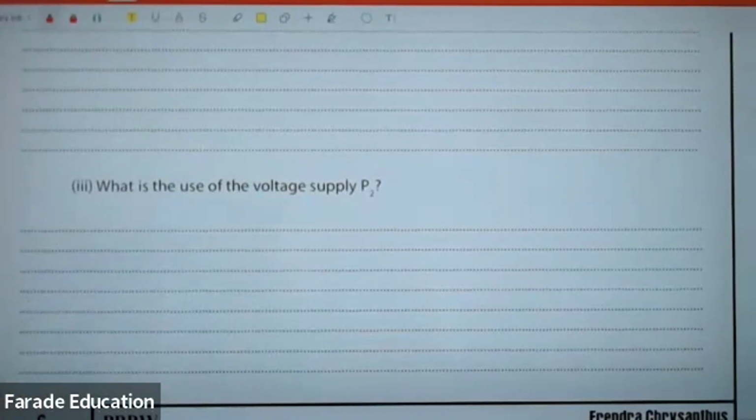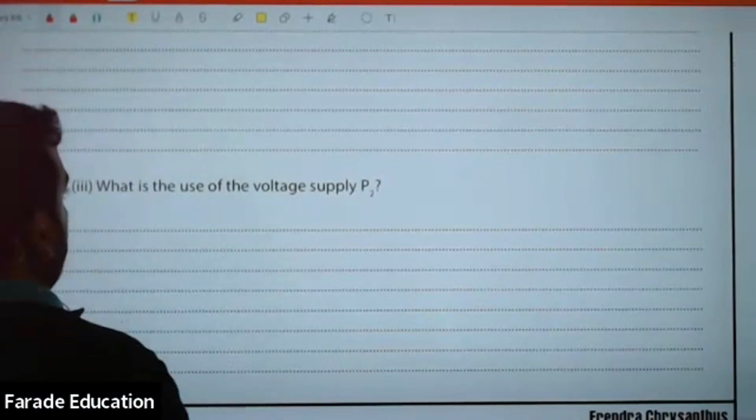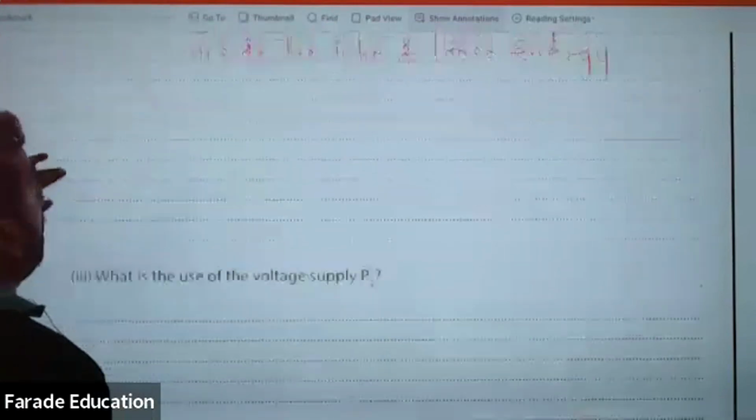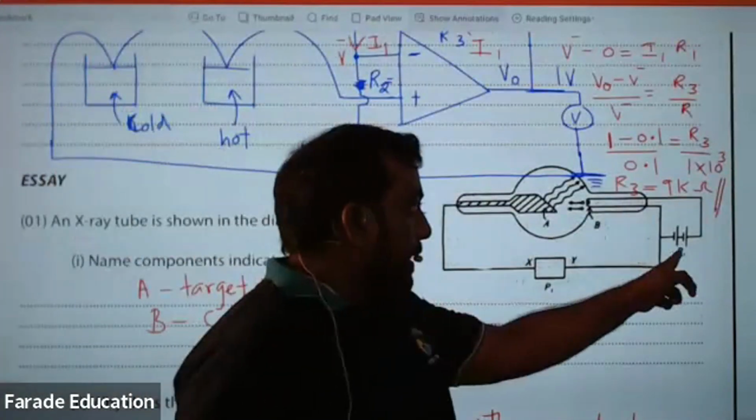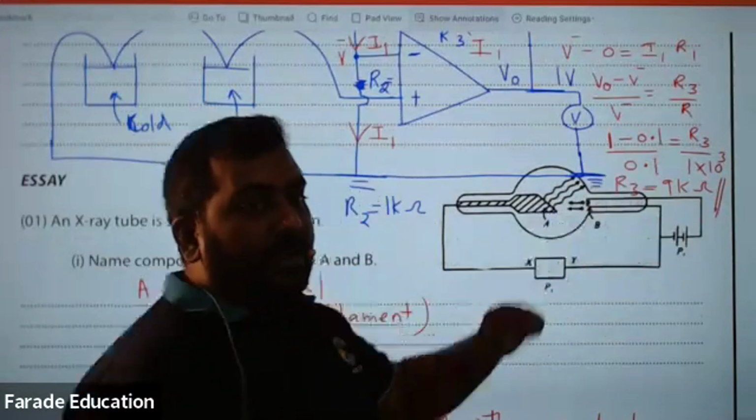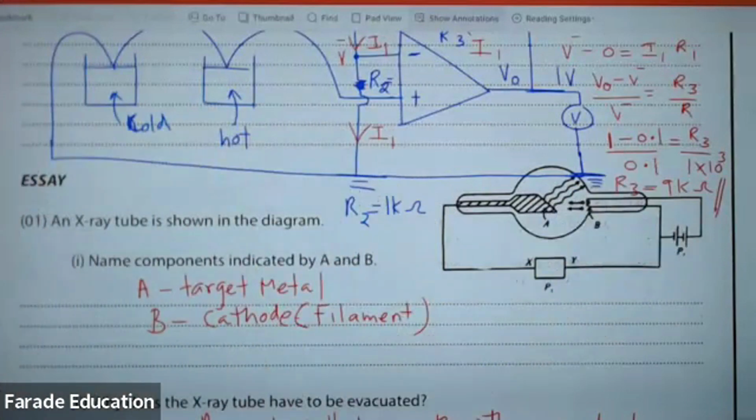What is the use of the voltage supply P2? P2 will give you what? The required filament current. P2 will give the required filament current.